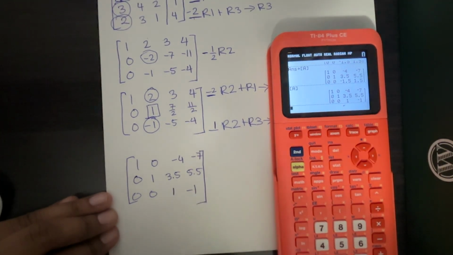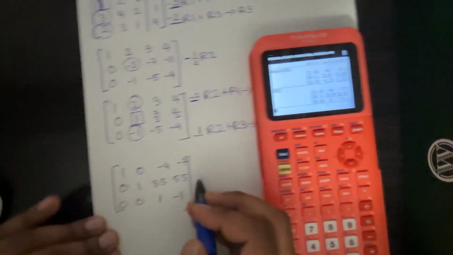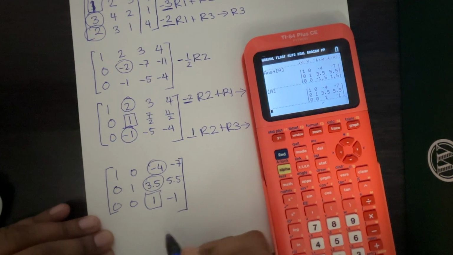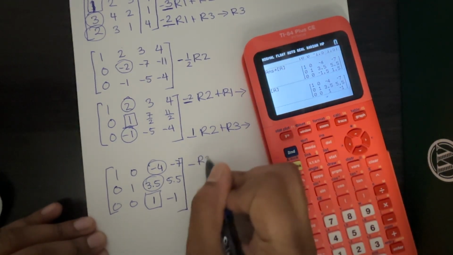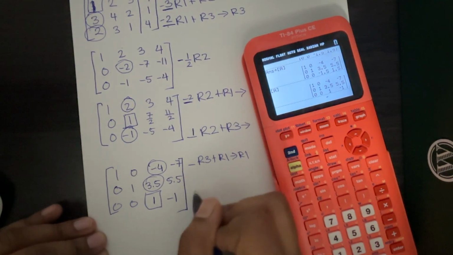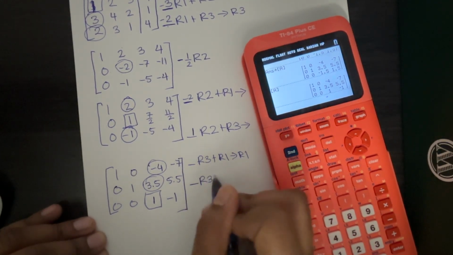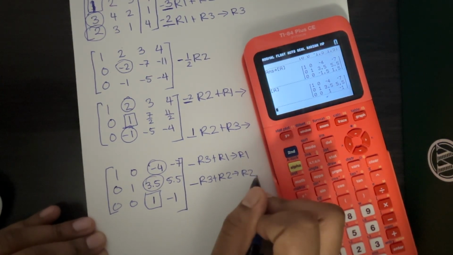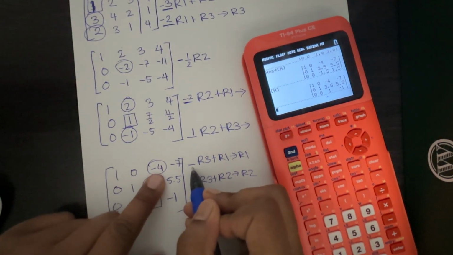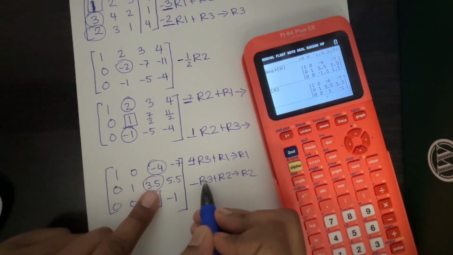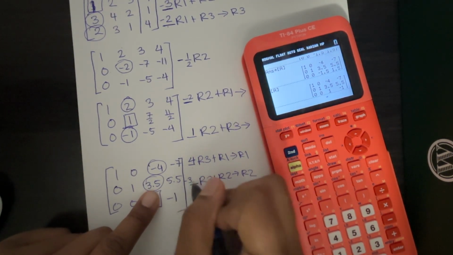All right. So let's see what we need. We need to 0 this out and 0 this out using row 3. So it's going to be row 3 plus row 1 gives me the new row 1. And then row 3 plus row 2 will give me my new row 2. So row 3 needs to be multiplied by 4. And then here, row 3 needs to be multiplied by negative 3.5.